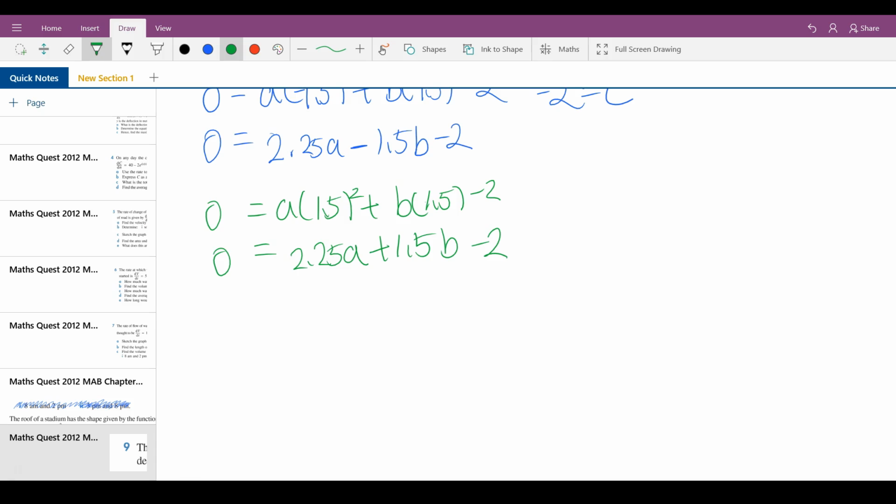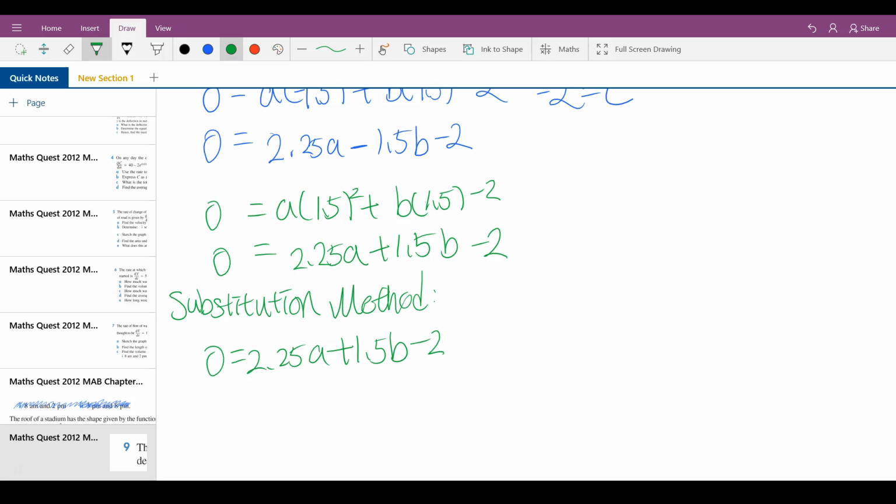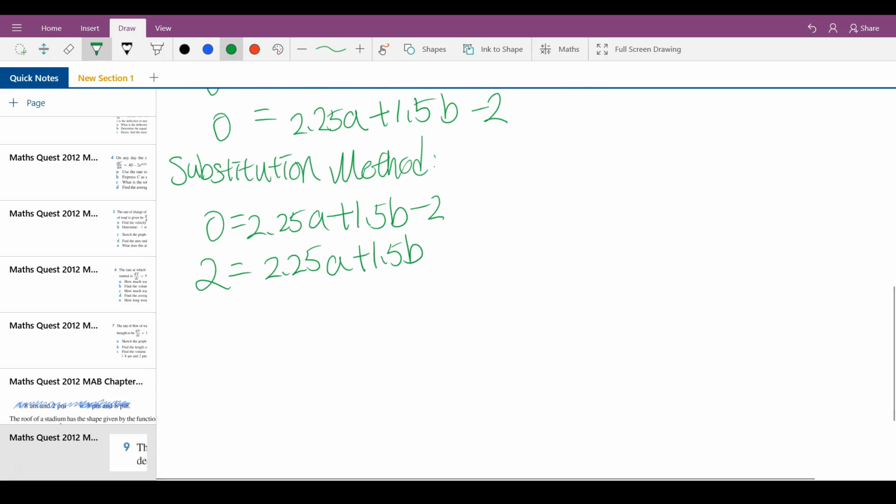Okay, so if we use the substitution method first, we just choose one of the equations. Let's choose the red one: 2.25a plus 1.5b minus 2. Let's move the negative 2 to the other side, giving us positive 2 equal to 2.25a plus 1.5b. Let's say we want to find the a first, so I want an expression for a.